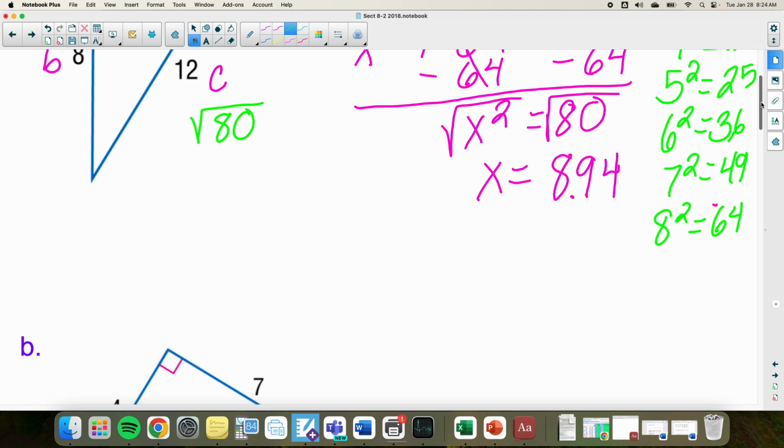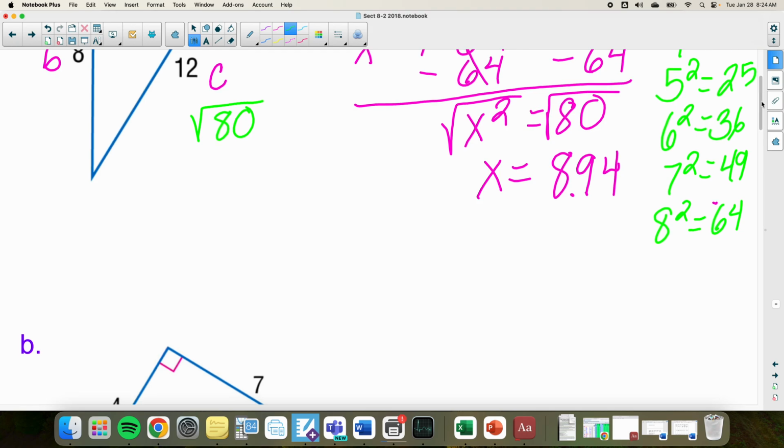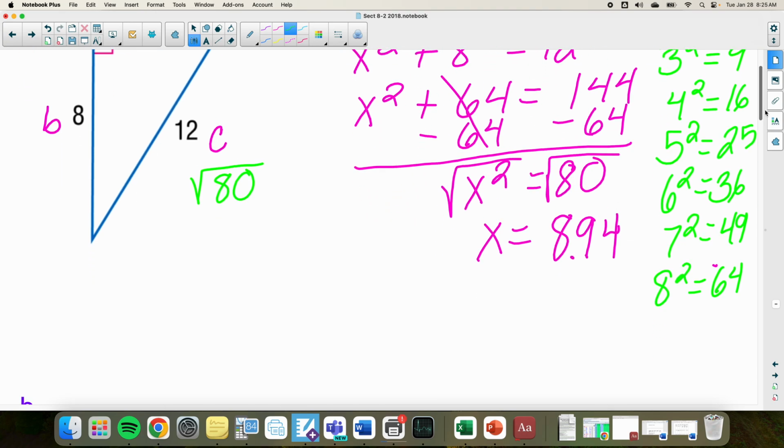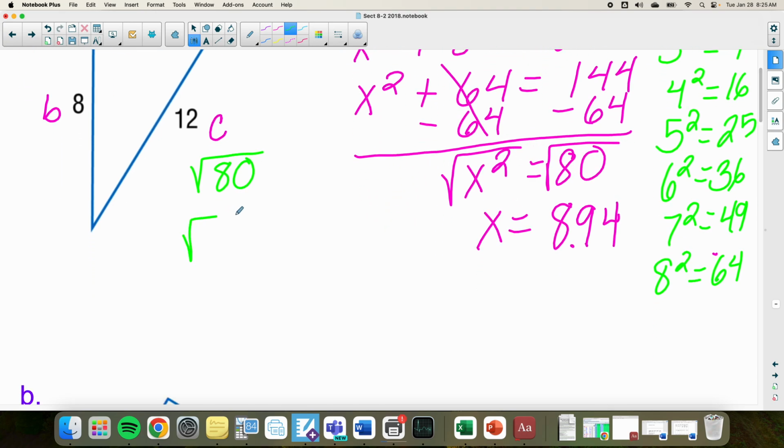And it doesn't. 80 divided by 36 would not. 80 divided by 25 would not. 80 divided by 16 actually does. So 80 divided by 16 is 5, okay? Once you figure out the biggest perfect square that goes in there, you can take the square root of that 16 and pull it out front, and your answer would be 4 root 5, okay?